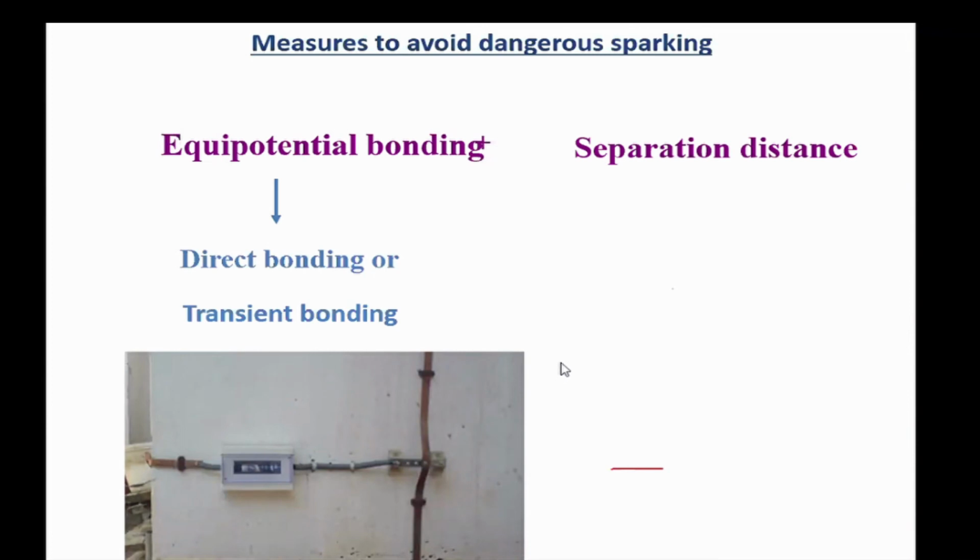If it is dangerous, if you don't like the lightning current to get into your premises, then you can have a separation distance. We are going to see how the separation distance is calculated in the next few slides. And sometimes you can bond them only during the lightning current. We call it transient bonding.